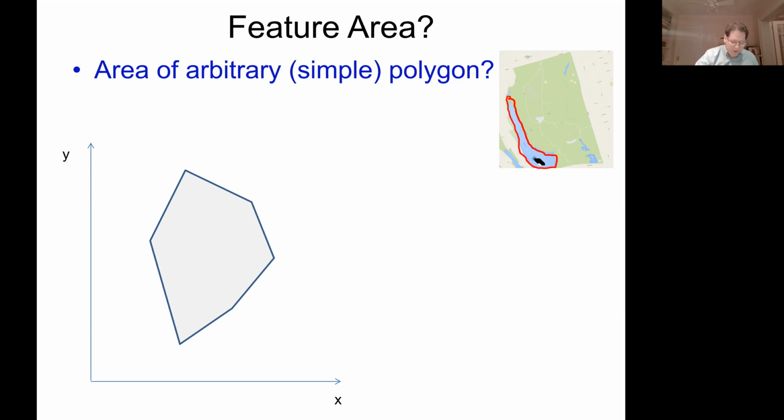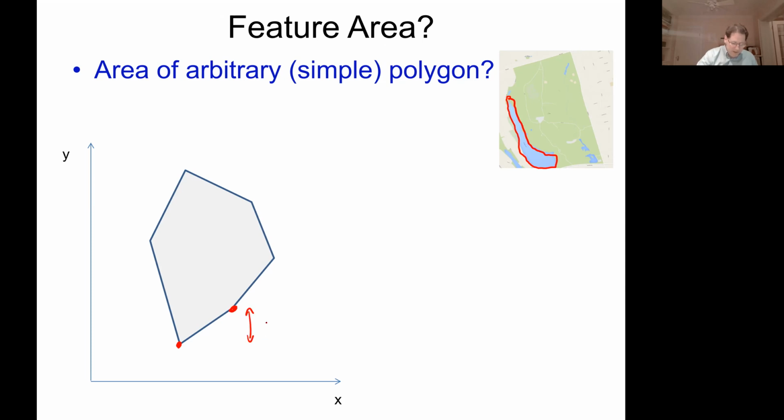Let me walk you through it, because instead of just using the formula, it's actually kind of elegant. How can you do this quickly? Let's say this is the first point, point 0, and this is the next point. When you ask Street's database about these features, it will tell you the points that make up the boundary of the feature in order. We can get the x and y.